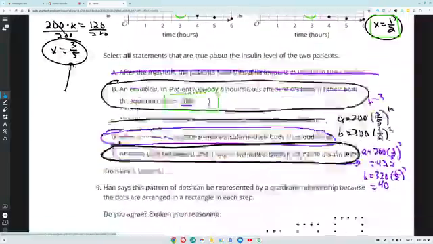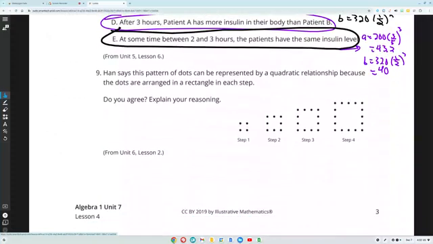Well, there's a couple different ways of doing this, but the first thing I'm going to do is identify how many dots are in each step to see if I can see the pattern. I'm just going to count. I have 4 dots in step 1, 8 dots in step 2, 12 in step 3, and 16 in step 4. So I can tell that even though I have a square, I'm constantly just adding 4, which means this is not quadratic in nature, this is linear in nature.